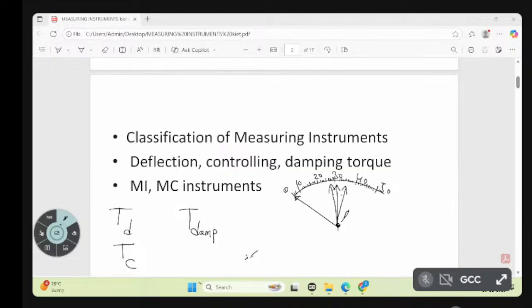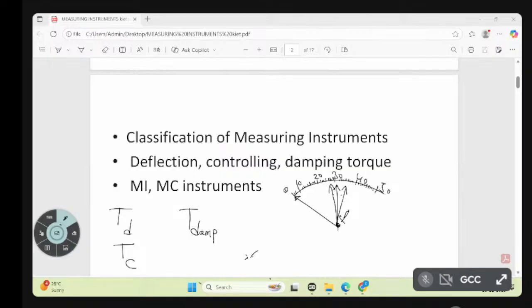The pointer is not in a constant position, it is not in a steady state.